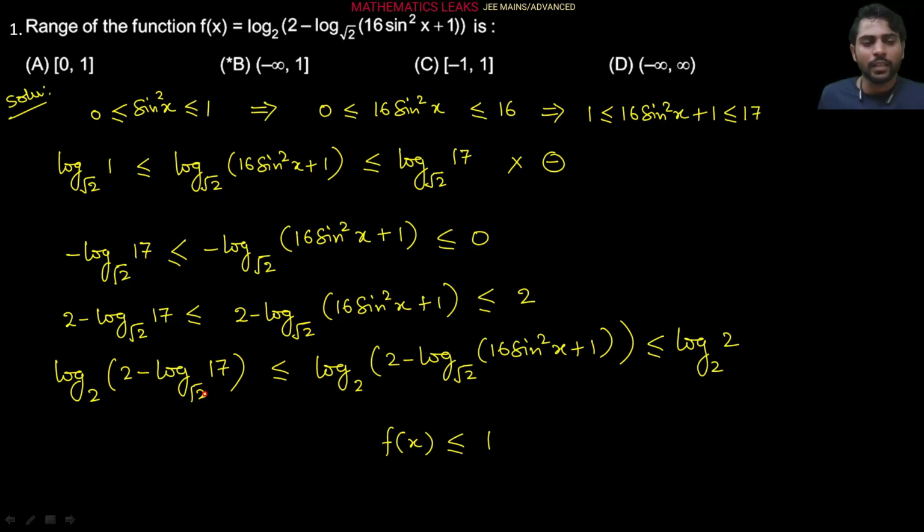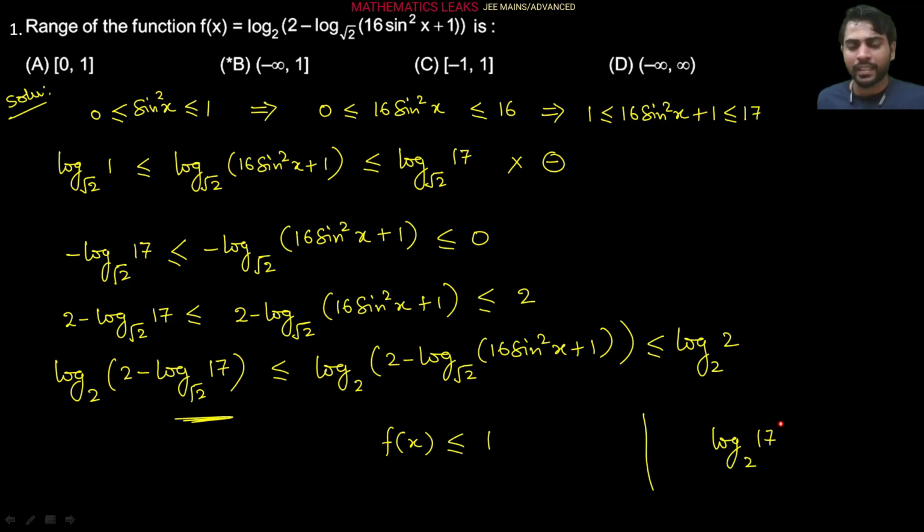First of all, this 17 for logarithm base root 2 is coming greater than 2, isn't it? If you calculate roughly using the logarithmic property, I can write this given quantity as log base 2 of 17, and the power 1 by 2 will come here.